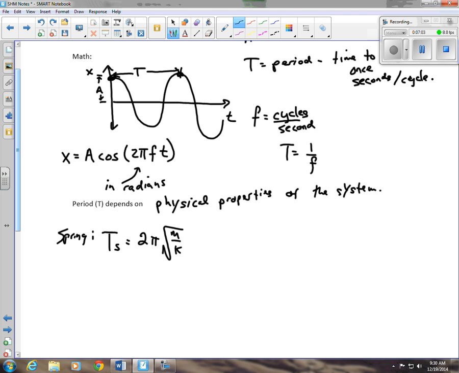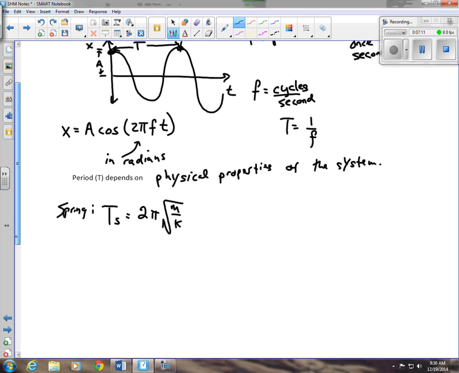The greater the mass, the slower it's going to move, and the longer the period is going to be. The greater the spring constant, the stronger the spring is, and it's going to bring it back up more quickly. For a pendulum, the period is going to be 2 pi square root of L over g. g is the acceleration of gravity, and L is the length of the pendulum.